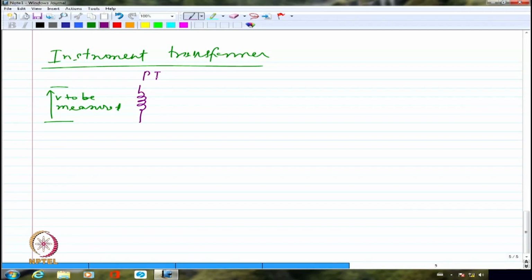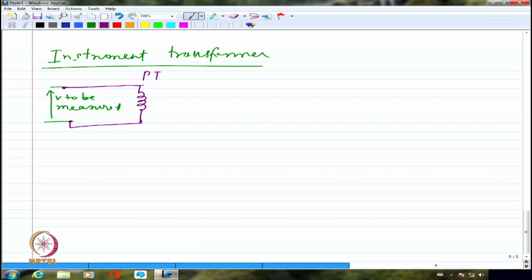And the potential transformer should offer really very large impedance. If it offers a small impedance, it will be as good as short circuiting the two terminals across which I want to measure the voltage. So this potential transformer should essentially work similar to a voltmeter. A voltmeter generally offers a very large impedance.